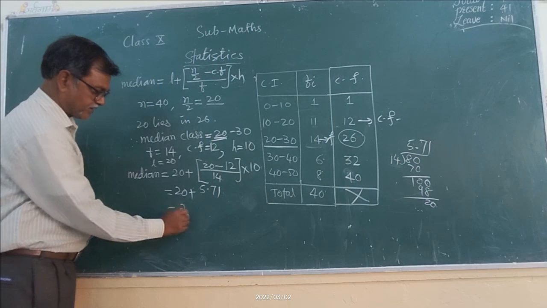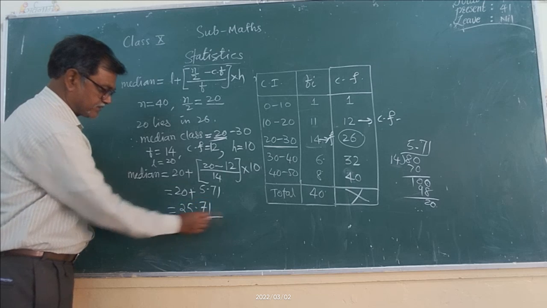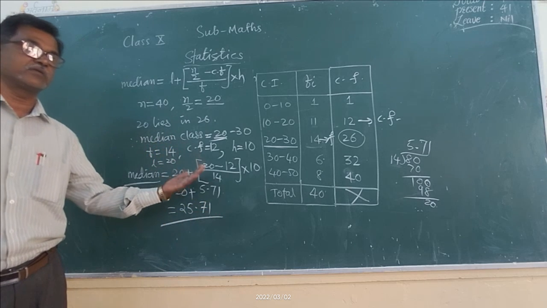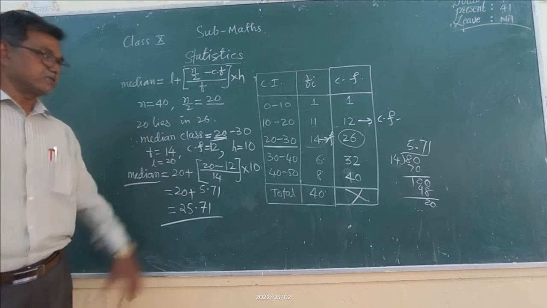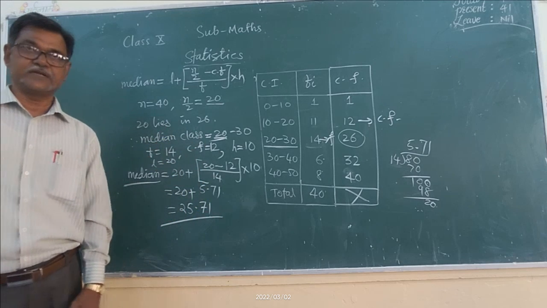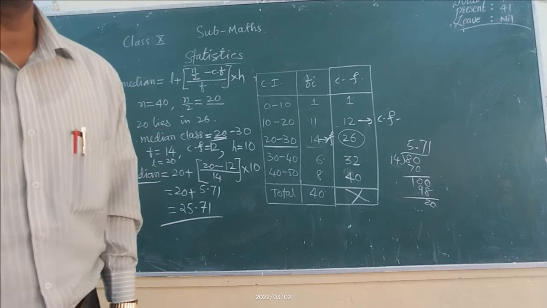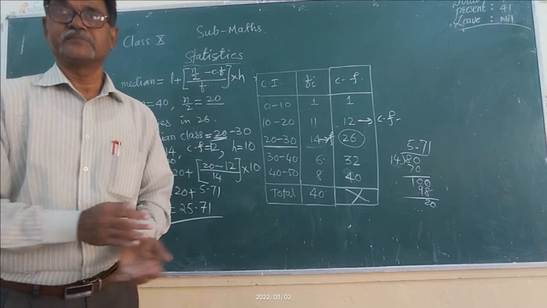So it is 25.71, the median. So mean, mode and median are three different values. These are called the measures of central tendency of the data. This is used in various departments. Okay?